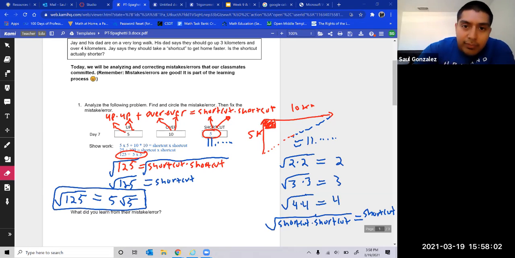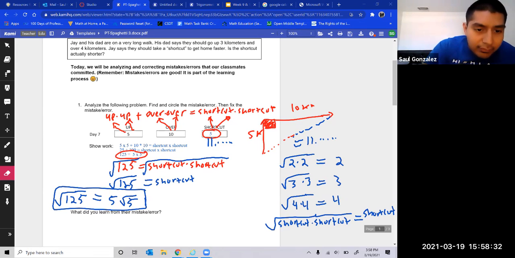So here we've got to summarize. What did we learn? Well, we've always learned something, right? And if we think that we might have not learned something, then we have to think deeper. Think, what did we learn from someone else's mistake? That way we don't make the mistake. Here we've noticed that 5 multiplied by 5 was not 125.